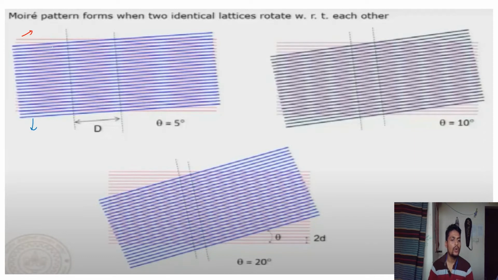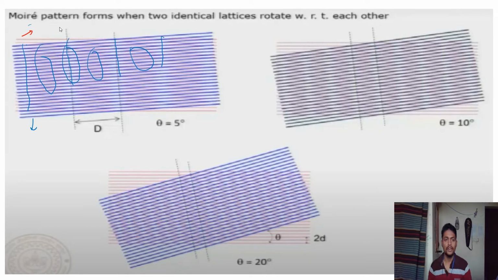Just these two have some kind of angle, and due to that you see some pattern that is observed, right? Some darker fringes and some lighter fringes. There is some pattern which is not there in either the red or the blue lattice, but the two patterns are interacting somehow.